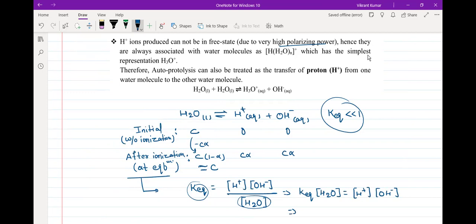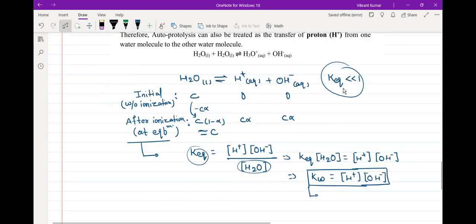Now these two constants combined were made into a new constant, and that is called Kw. So we can write at equilibrium H plus into OH minus will be equal to Kw, where Kw is nothing but K equilibrium that was at the start, that much into H2O.